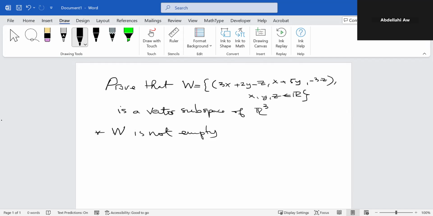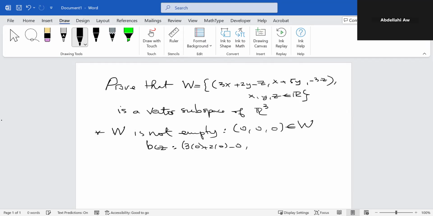So here, this case is kind of obvious, because the null vector, which is the triplet 0, 0, 0, is of course in W. It is obvious, but let me just write it down, because it is of the form 3 times 0 plus 2 times 0 minus 0.